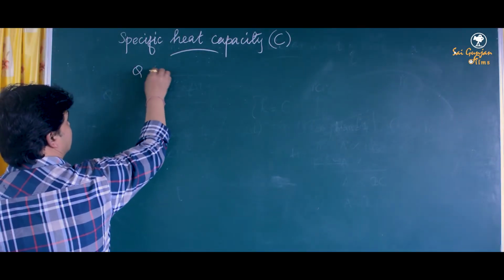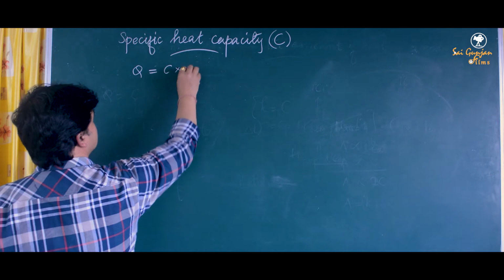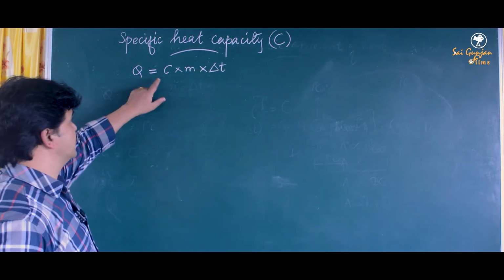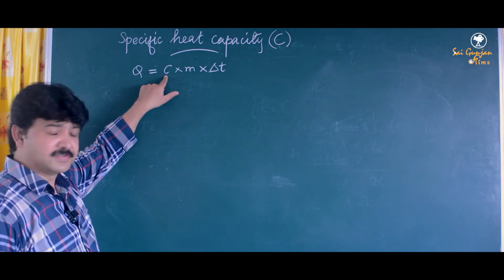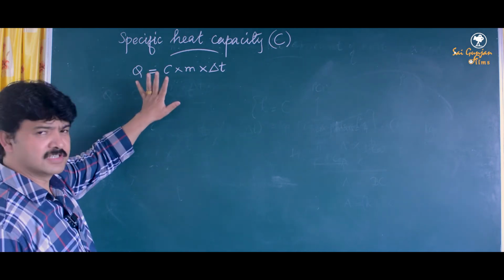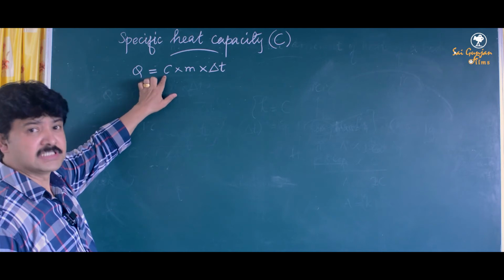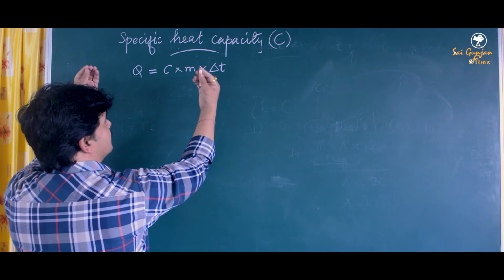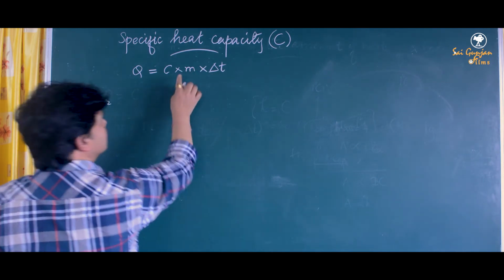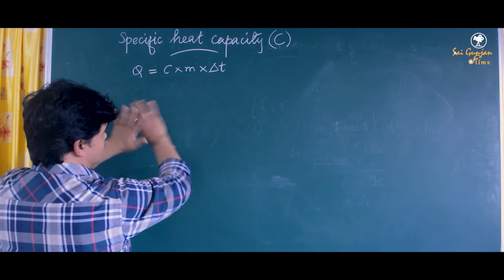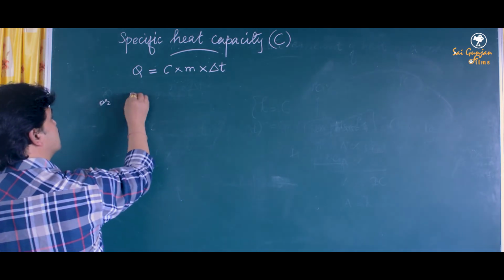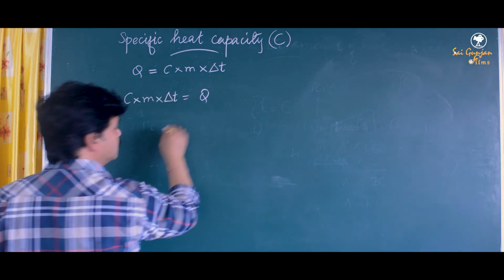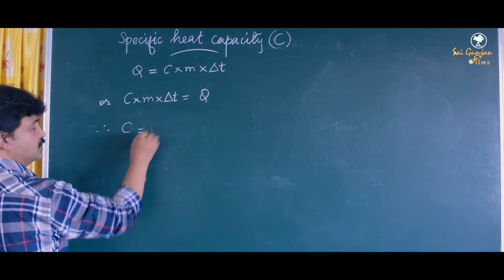So, the amount of heat is given by C into M into delta T. So, if you are interested to find out the formula for C, the same relation will give us the formula for C, the specific heat capacity. First of all, I'll change their positions. When we change the position of both sides, there will be no change of sign, as you all know. C into M into delta T is equal to Q. And what is C equal to?